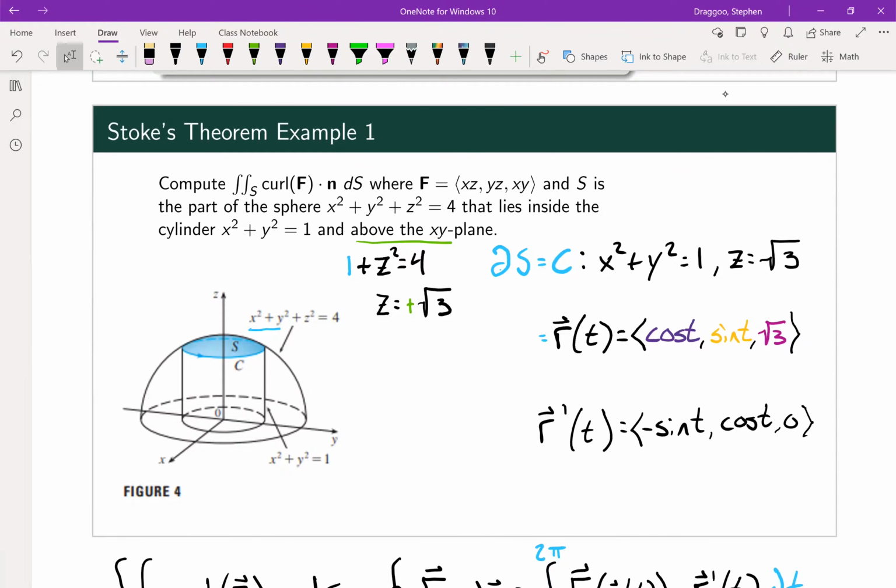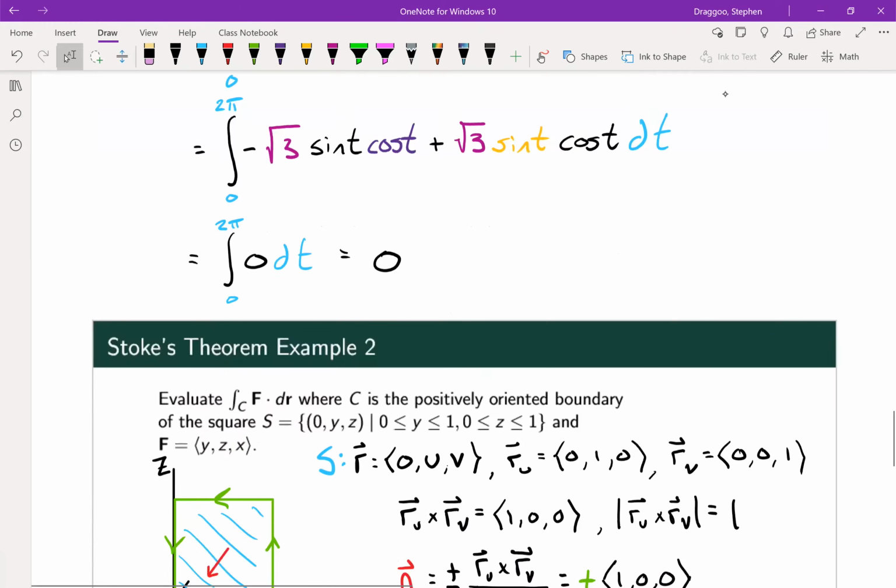You may find there's a problem where you're asked to calculate the flux heading out of five sides of a box, like some sort of square box. And rather than calculating that surface integral over five different sides, we could just calculate the surface integral over the one missing side. And because those two surfaces have the same boundary, we know that it should be equal. So something worth noting.